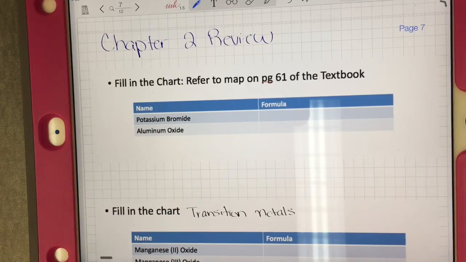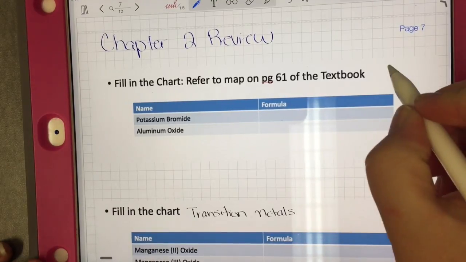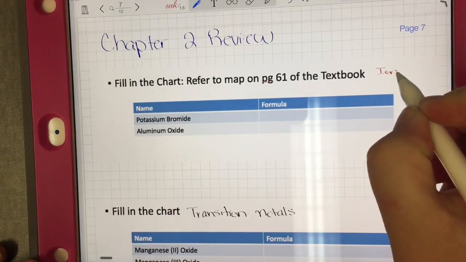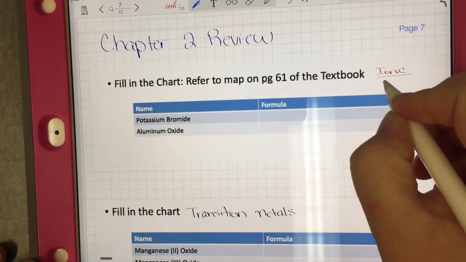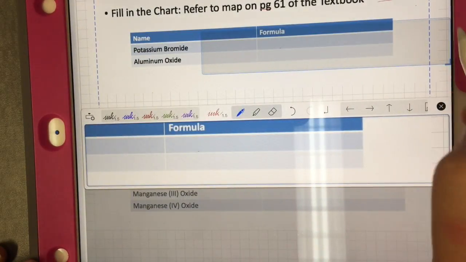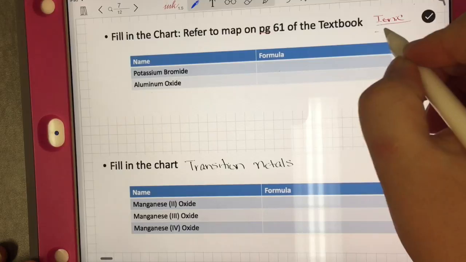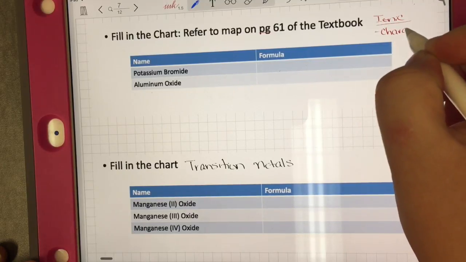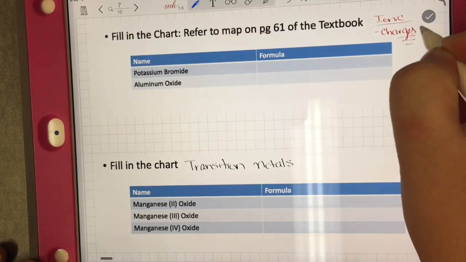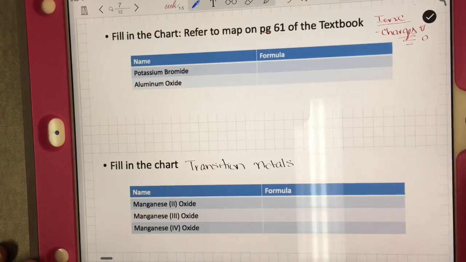The first couple of examples, we're going to be working with ionic compounds. With ionic compounds, you need to pay special attention to the charges. We're going to start with potassium bromide.